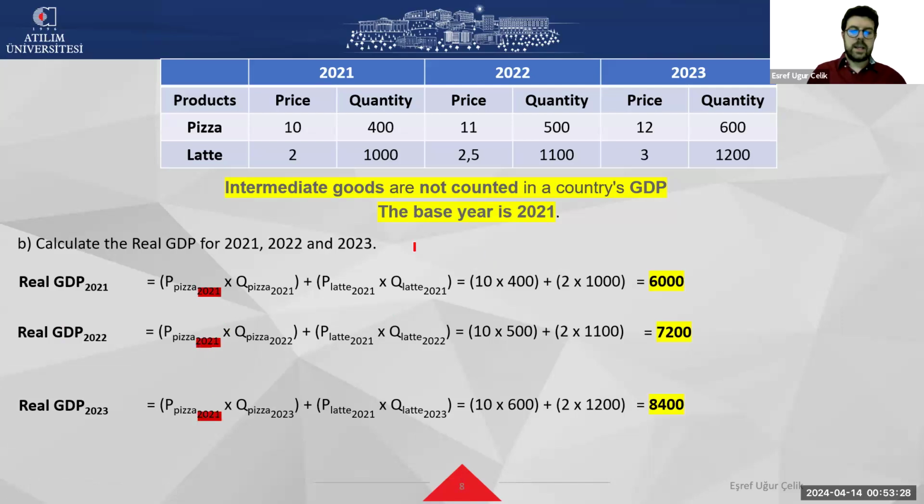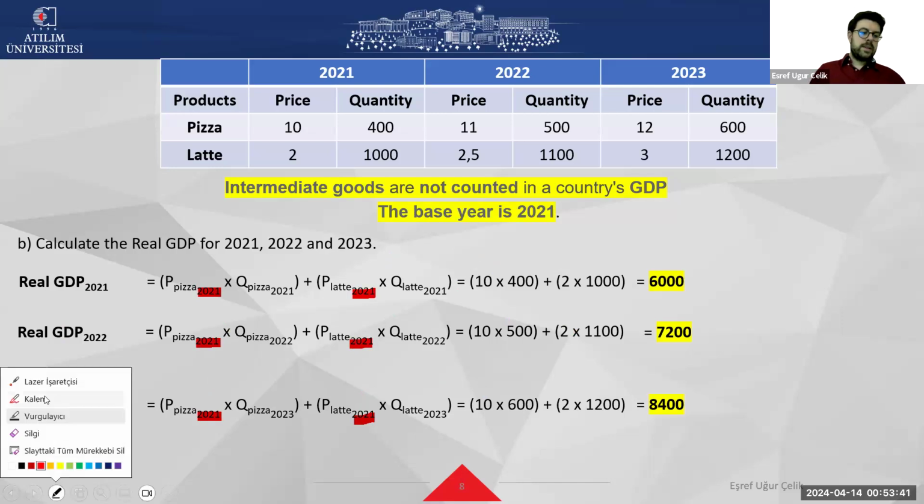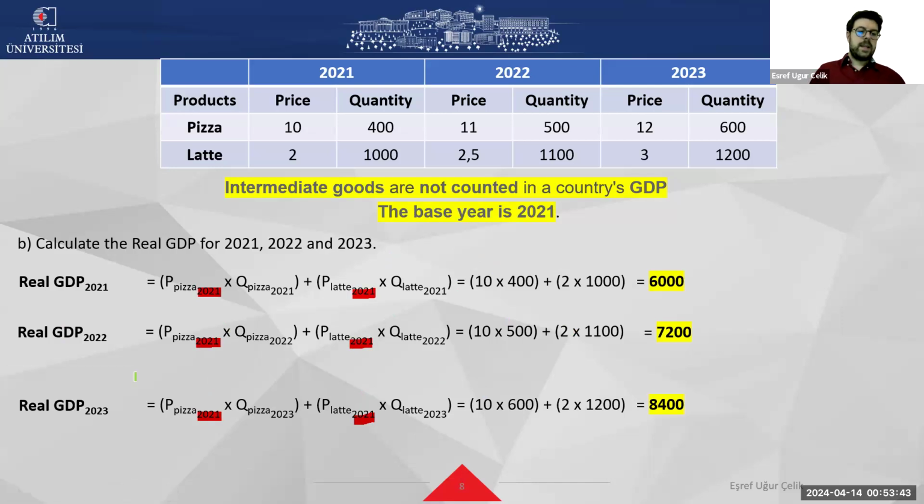So we always take 2021. You see it over there. For the quantity, we take the year I asked you. That part, we ask 2021. So for the quantity, 2021, 2021.